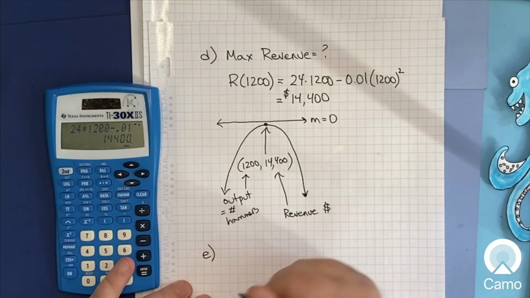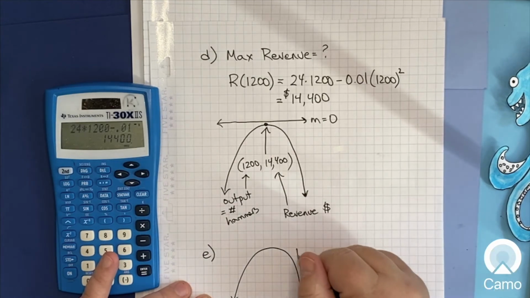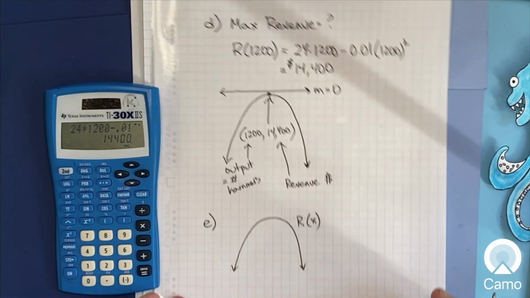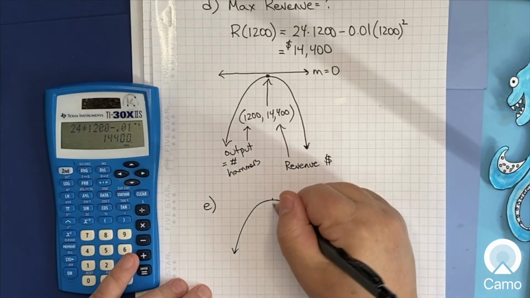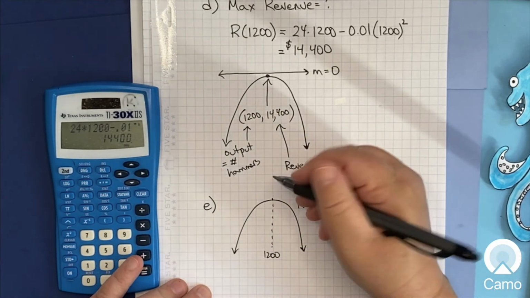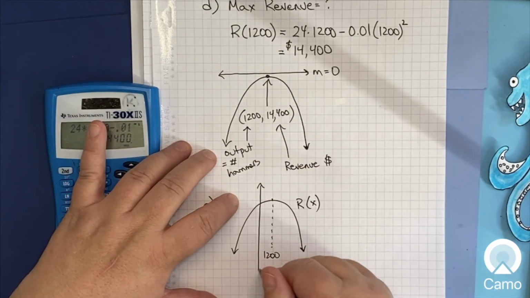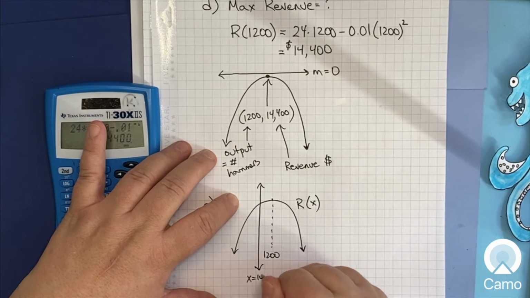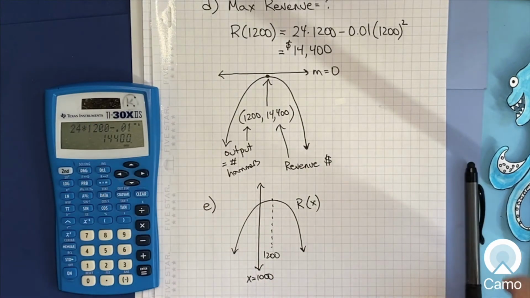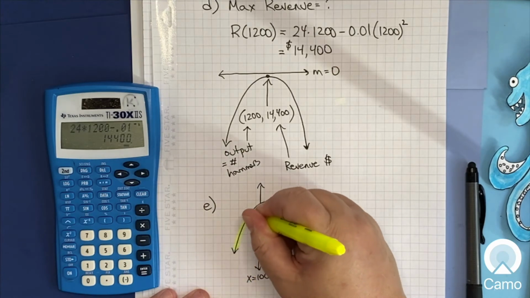So in this case, we've got our beautiful revenue function. And we know that this point is 1,200, but we're told we can't make more than X equals 1,000. So we're only allowed to be on this portion of the graph.